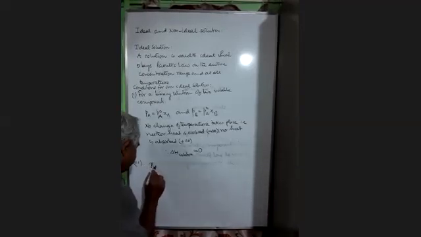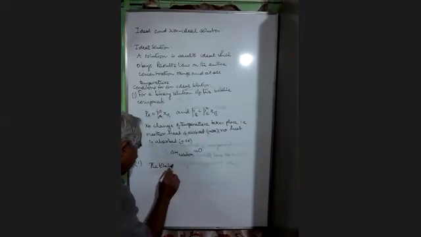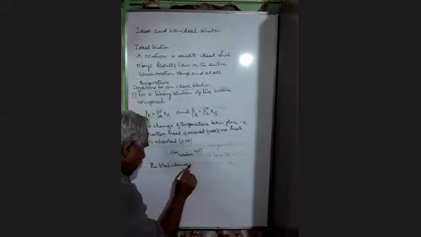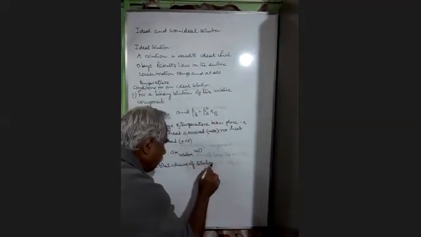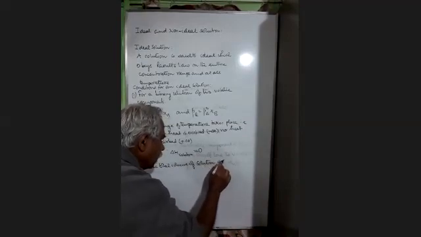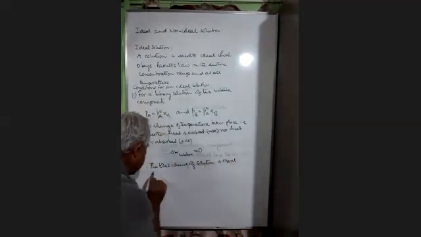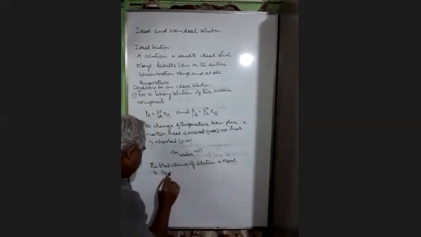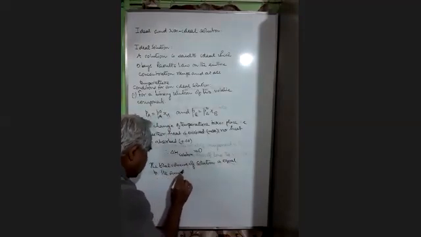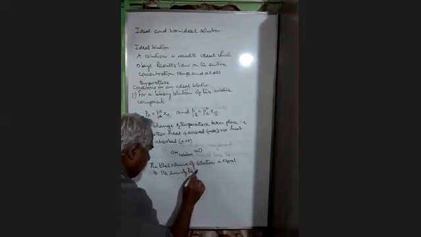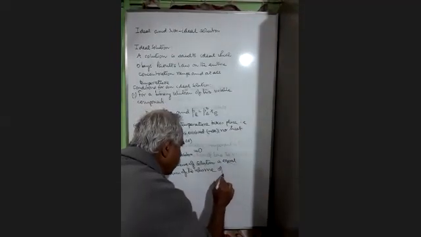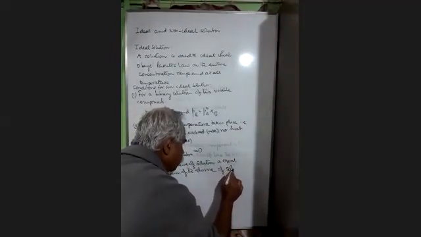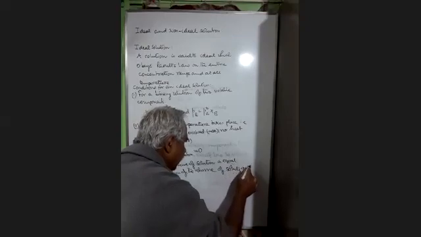So, what should you write now? The total volume of solution is equal to the sum of the volume of solute and solvent.